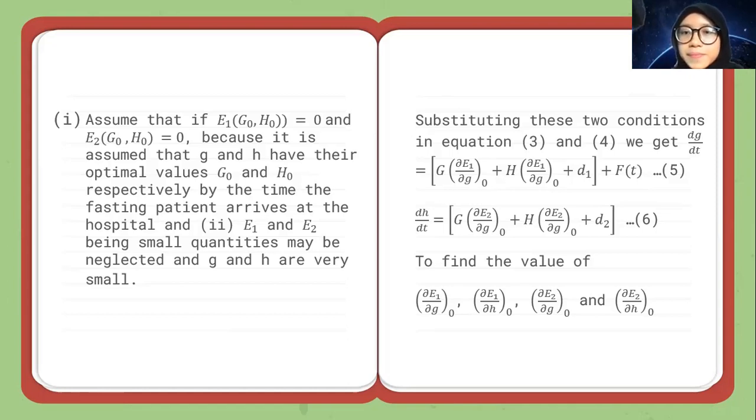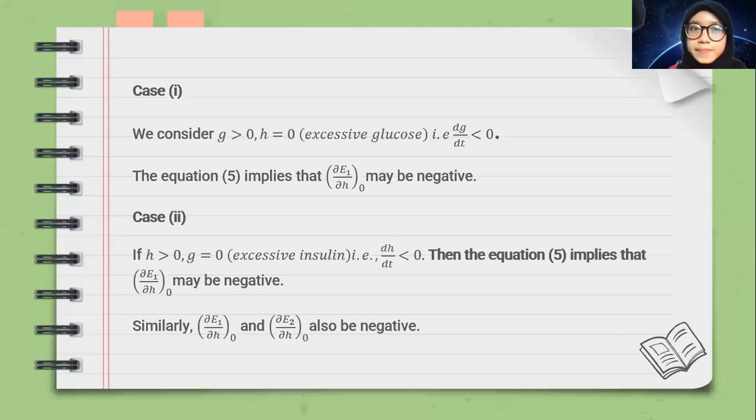Next, we have case 1. We consider T greater than 0 and H equals 0, excessive glucose, that is dT/dt smaller than 0. Equation 5 implies that ∂I1/∂H0 may be negative. And then we have case 2.